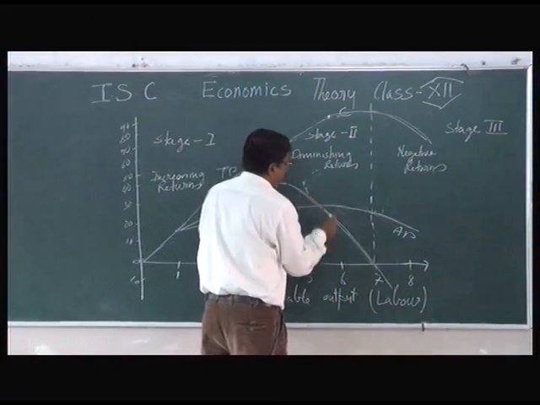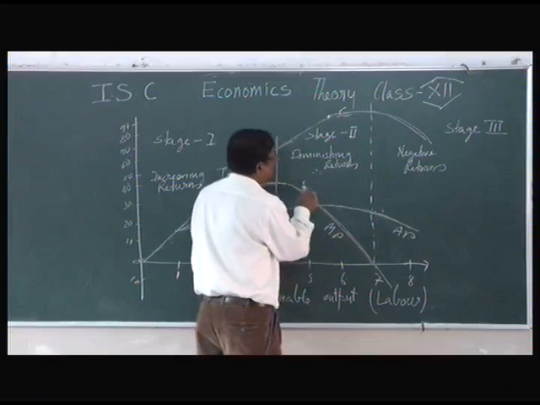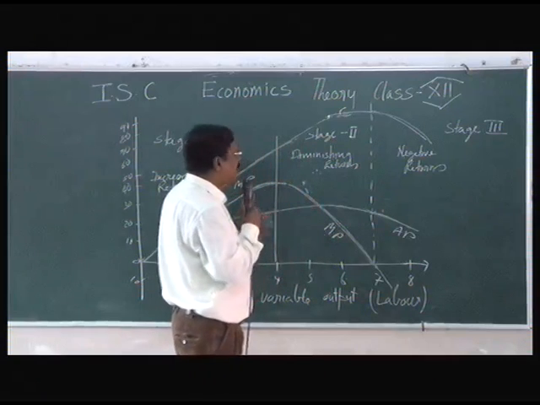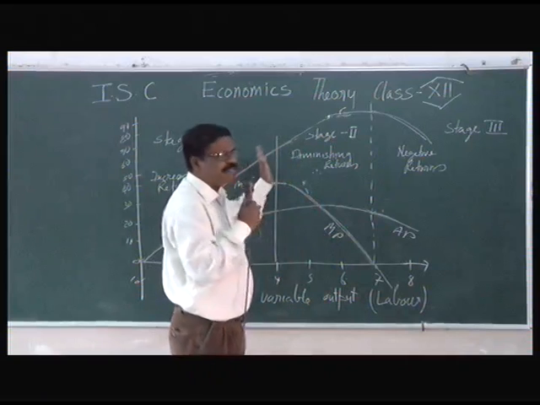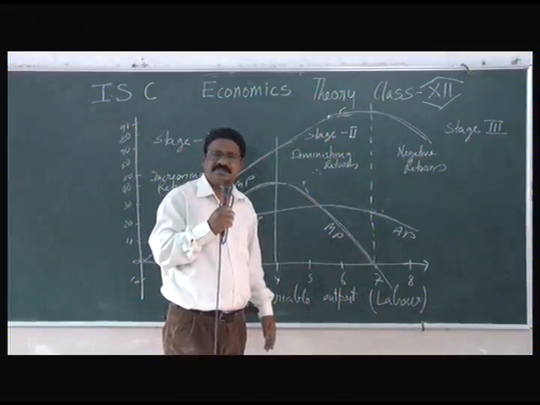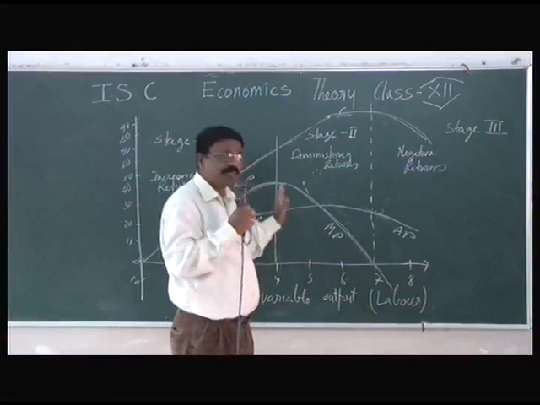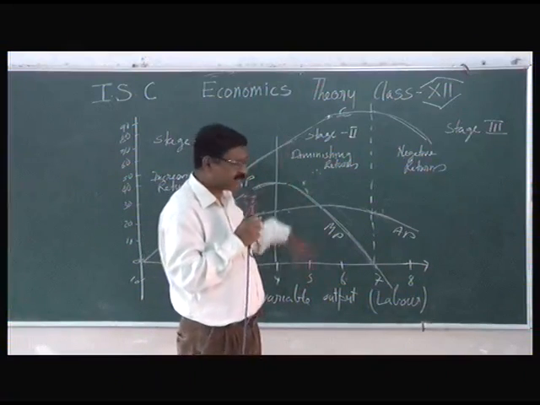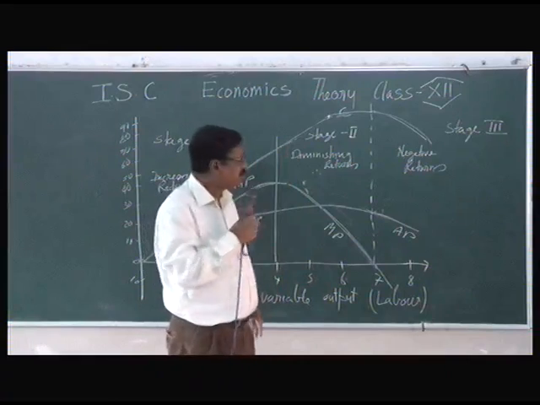We can write MP here also. AP is also declining, and TP is increasing at a diminishing rate. Stage 2. But things are positive. It's above the x-axis.